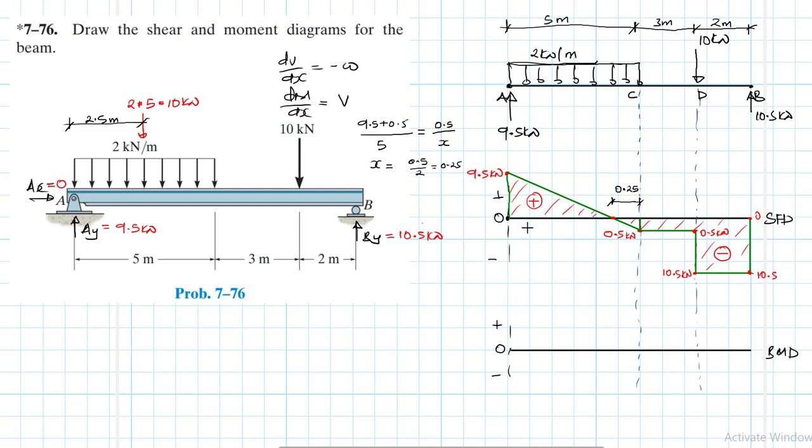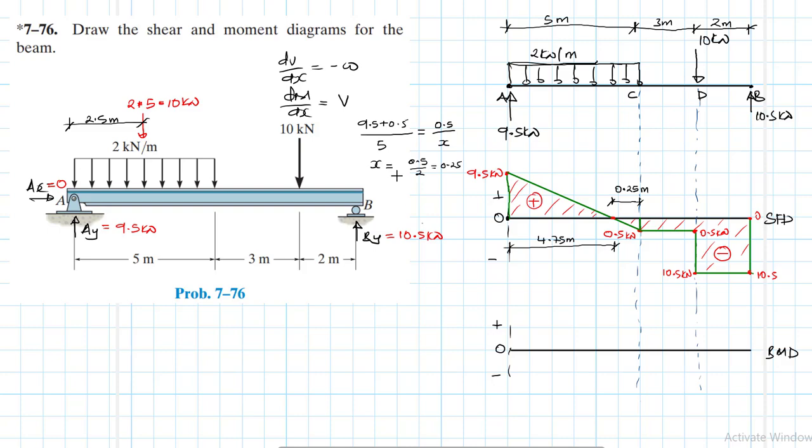So if it is 0.25, we therefore know the length for this one. So 5 meters minus 0.25, we have this one as 4.75 meters.